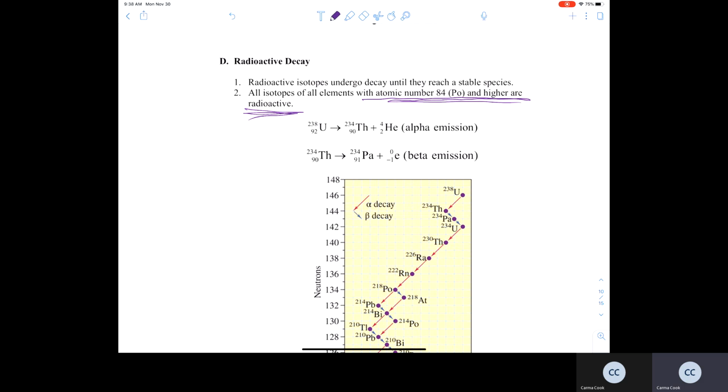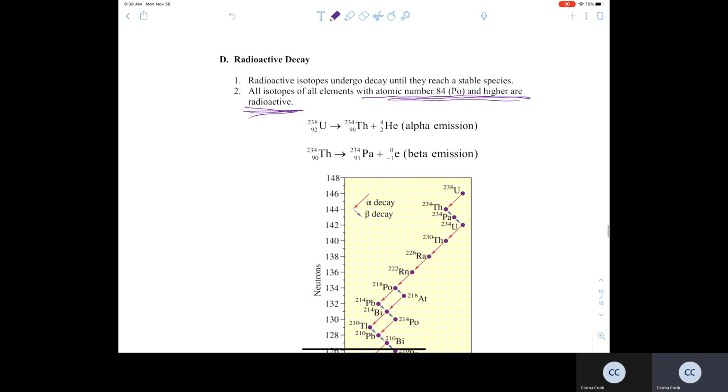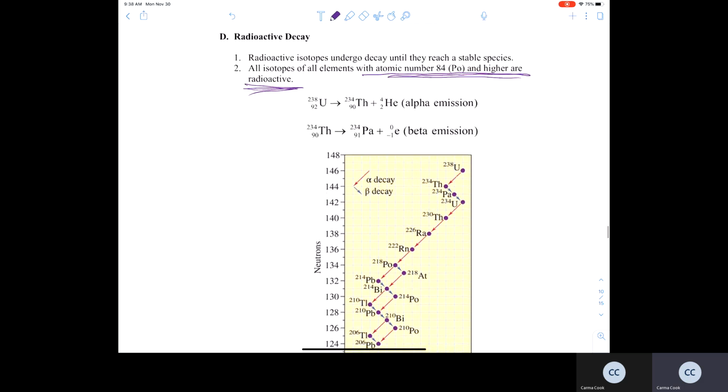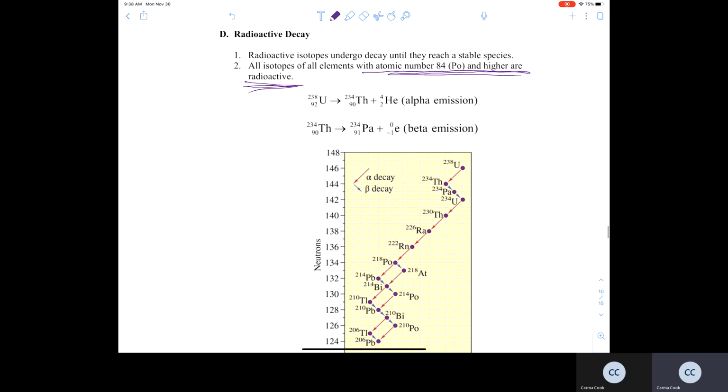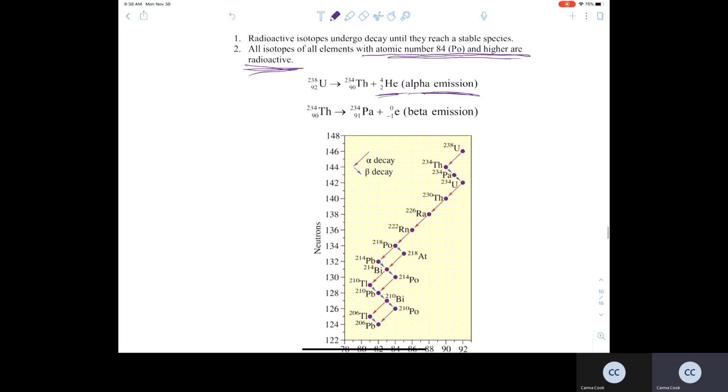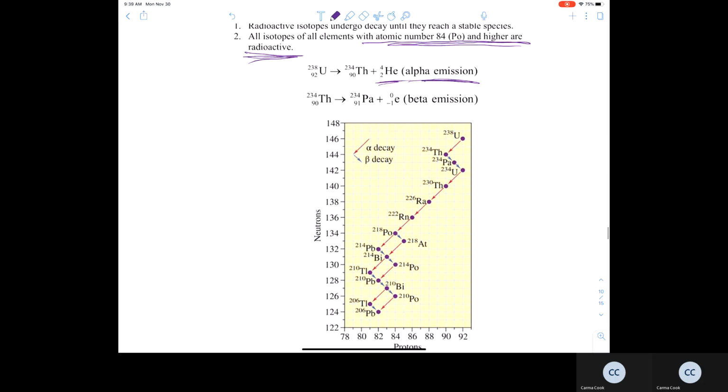So uranium-238 with an atomic number of 92. It is radioactive. It will decay into thorium-234 with an alpha particle being emitted. And then thorium-234, with an atomic number that's greater than 84, its atomic number is 90, will decay to Pa-234 plus a beta particle.